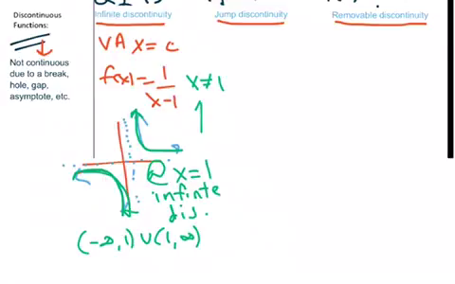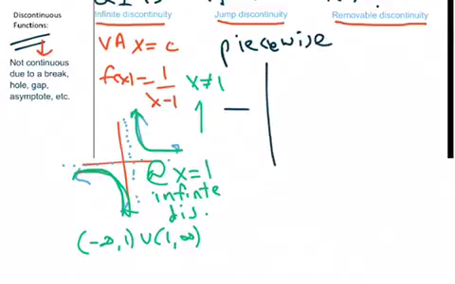Next, we're going to look at jump discontinuity, and this is associated with piecewise functions. So I'm going to draw a function here, and it'll have a couple parts. We'll look at them in a second. And at negative 1, it's going to shoot up and to the right.